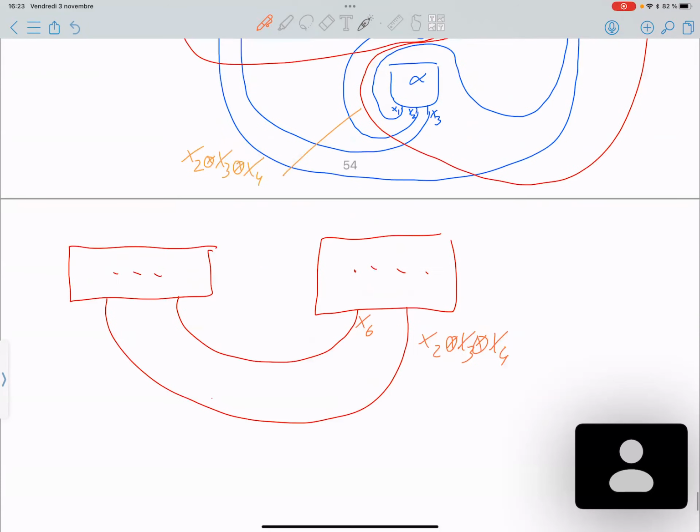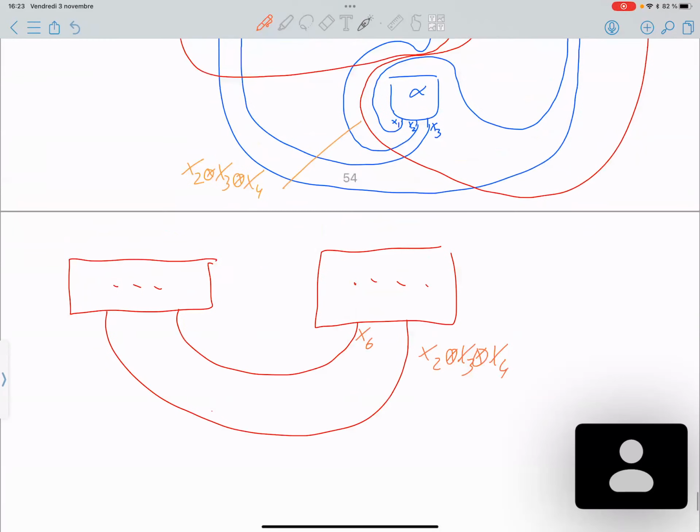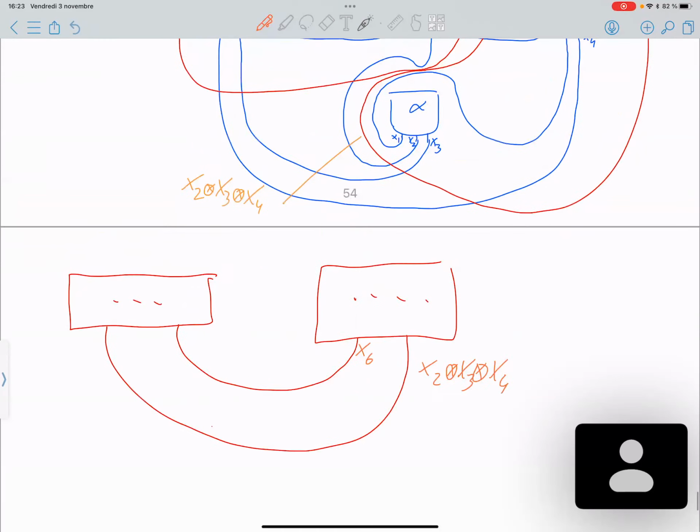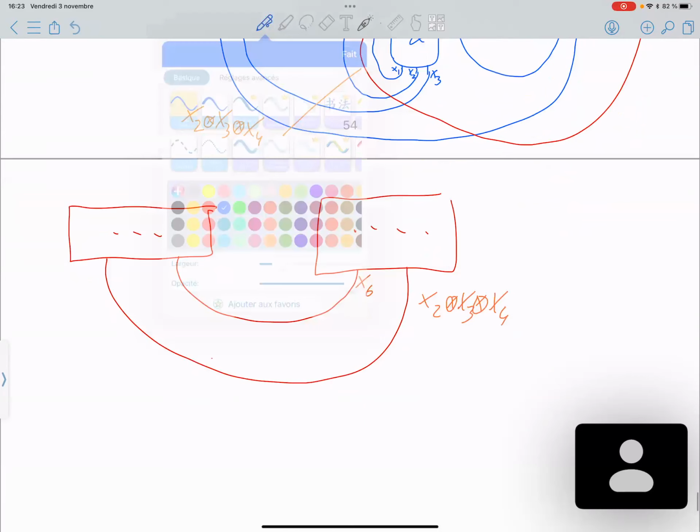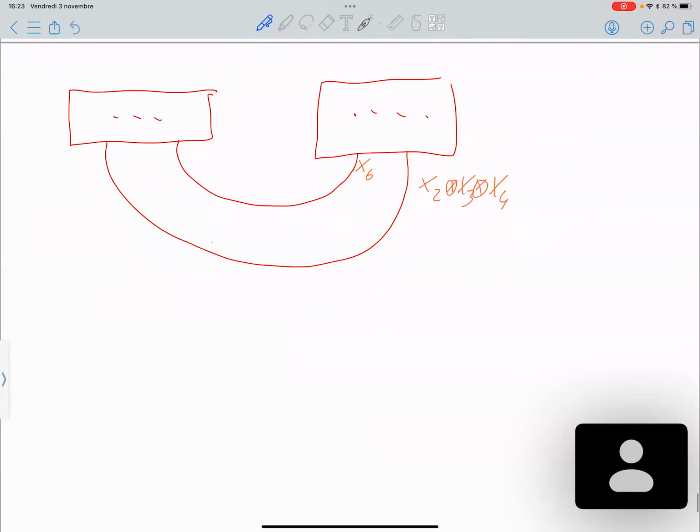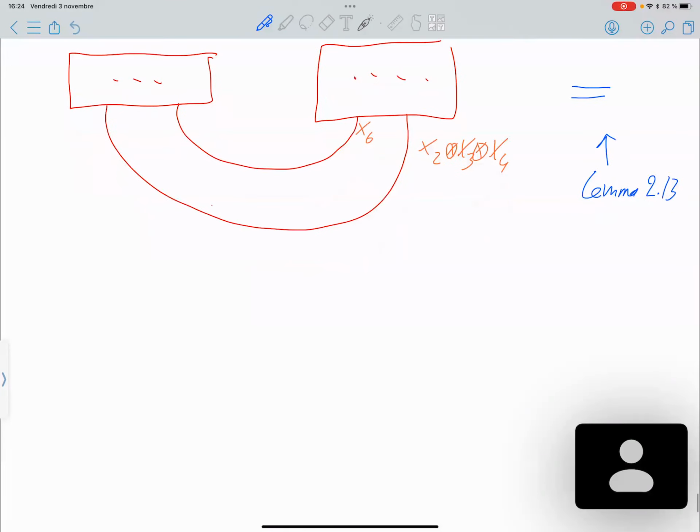And the lemma says that it is equal, by Lemma 2.13, to something like that.